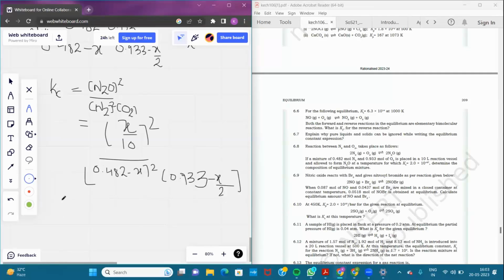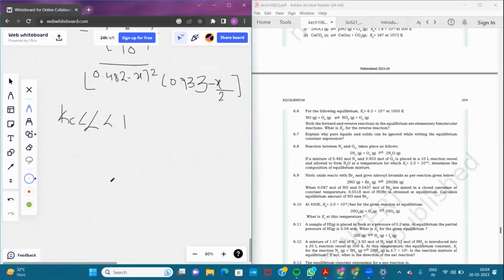The value of Kc is very small, so the amount of product formed will be very, very small, very much less than 1. So we can say x is very small, and we can neglect this value of x in the denominators.